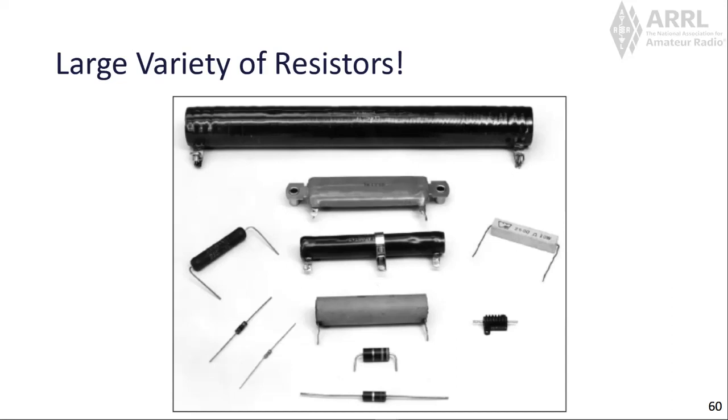It can connect to the wire that is wrapped around the form, and that's a variable resistance. You can slide that metal tab left and right, and that will change the length of wire that is in the circuit. And then there are a few other examples of resistors there as well. Next.